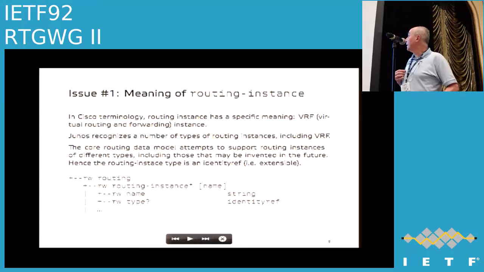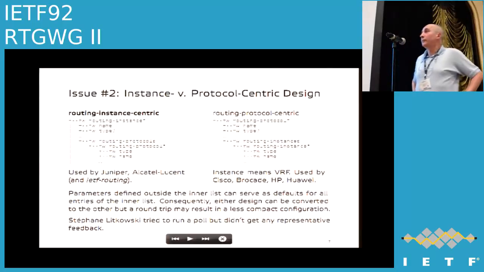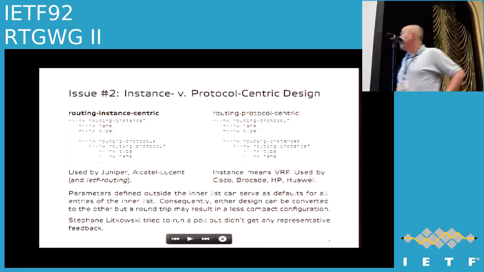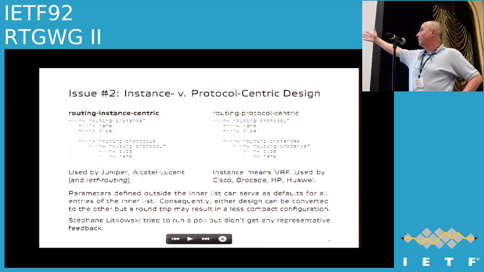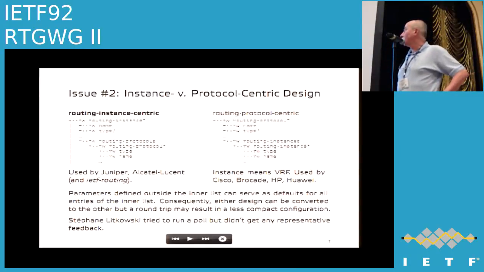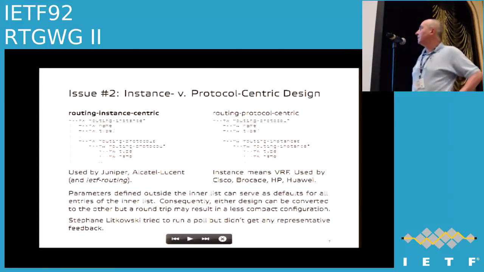One is so-called routing instance centric, where you have a list of routing instances at the top, and inside it you define parameters of different routing protocol instances. The other option is to turn it around, start from the top with the routing protocol list, and then define a list of routing instances for each.